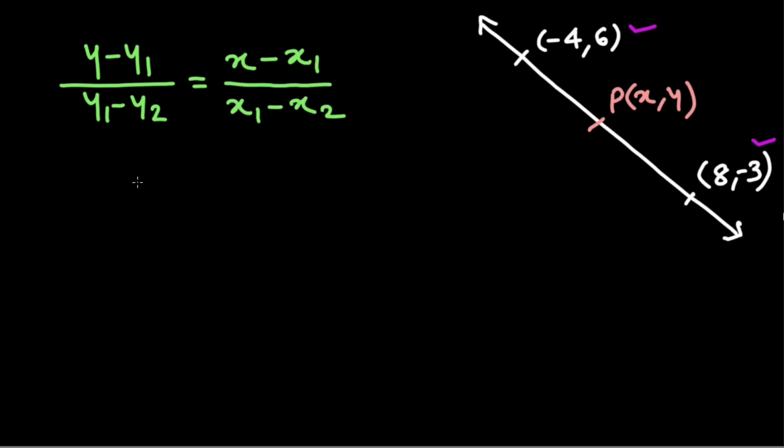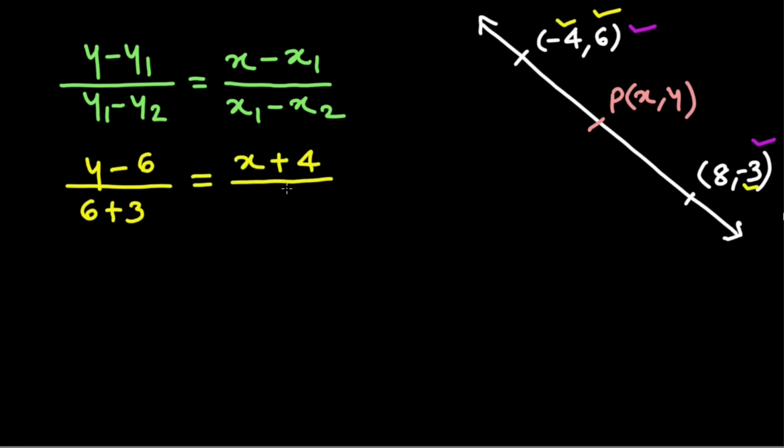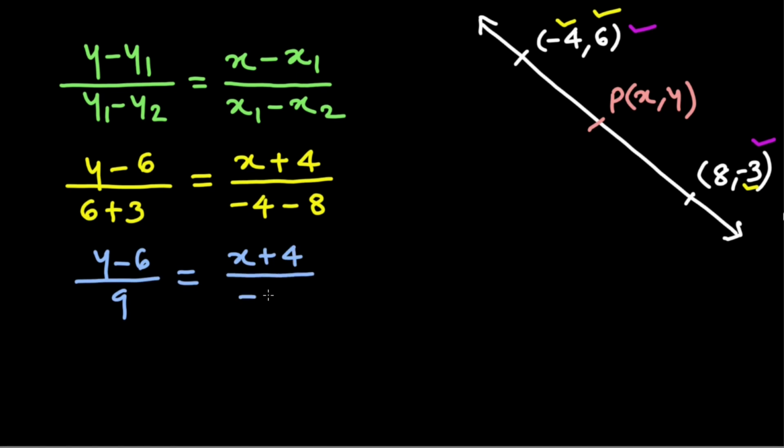Let us substitute the values. So y minus y1, which is 6, upon y1 minus y2, which is 9, equals x minus x1, which is minus 4, upon x1 minus x2, which is minus 12. So this will be y minus 6 upon 9 equals x plus 4 upon minus 12.